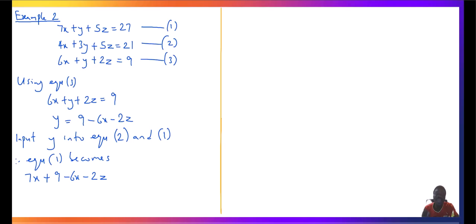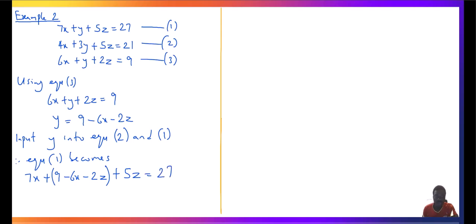Assuming it was a minus outside there, like minus y, then I have to use a bracket because minus has an effect on other variables. But plus does not have any effect. That's why I chose not to use a bracket. But for clarity's sake, let's just make use of a bracket. But when I open the bracket, it has no effect. So plus 5z is equals to 27.